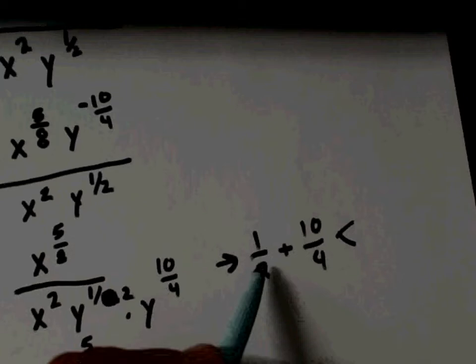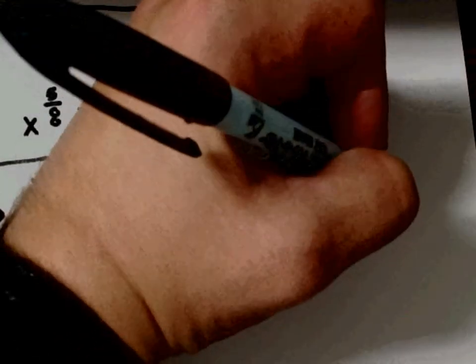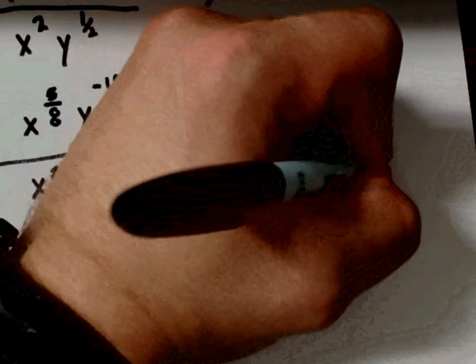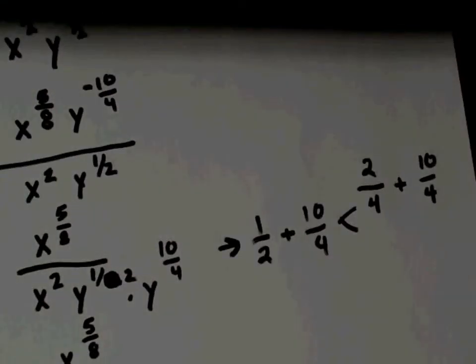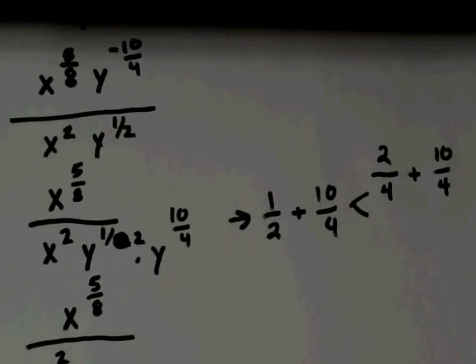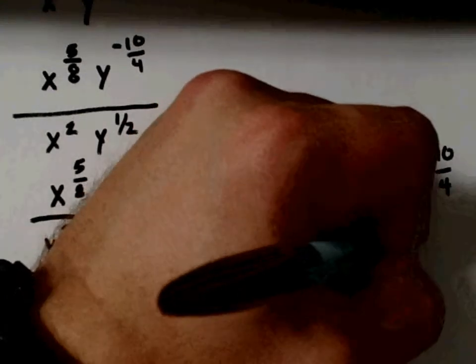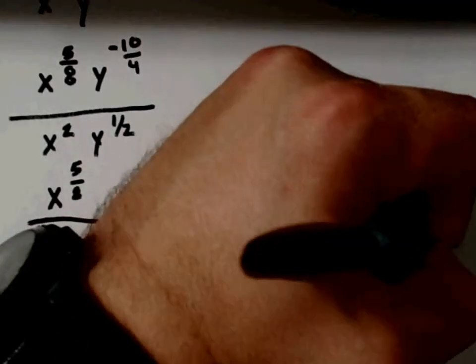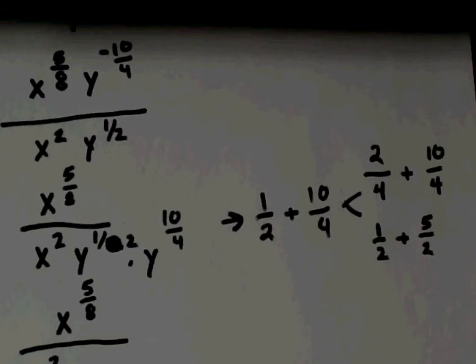One, we can make this in forms of 4, which means it's going to be 2/4 plus 10/4, which will be 12 over 4. Do y'all agree with that? Is that another way to write 1/2 in base of 4? Or it could be 1/2 plus 5/2 because 10 over 4 reduces by 2. And my common denominator could be 2.